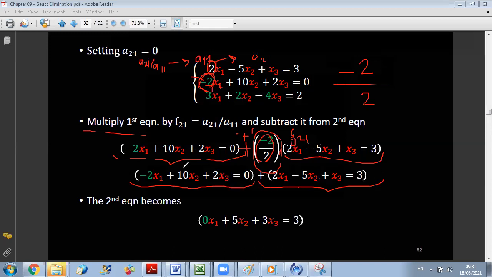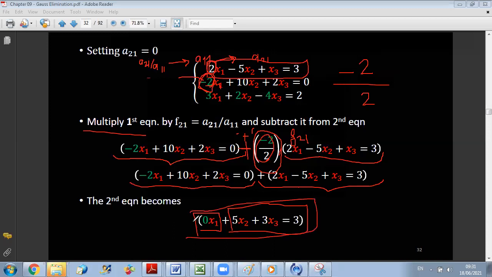If I do the addition, I can verify that the coefficient of x1 becomes 0, and this is what I want. So the new equation will be 5x2 + 3x3 = 3. So my new system keeps equation 1 as it is and replaces equation 2 by this one.